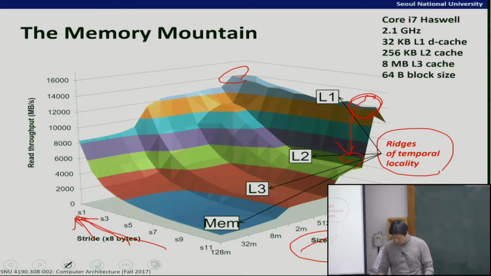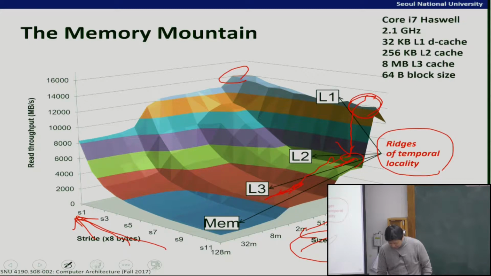So there will be some ridge here, like a plateau, as long as your array size fits in the level 2 cache. And of course, if you keep increasing the memory footprint, eventually it won't fit in the L2 either, and now it's going to fit in the level 3 cache. And there will also be a plateau here.